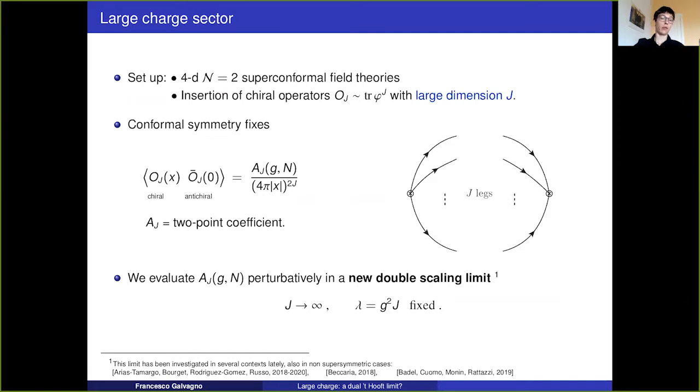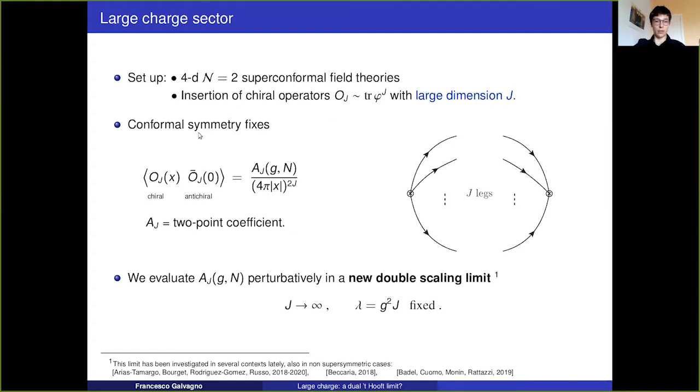We consider four-dimensional N=2 superconformal field theories, even though we are not going to use too many technicalities related to supersymmetric theories. And we consider the insertion of chiral operators, which have this shape, where phi is a scalar field, with large dimension J. This is important.